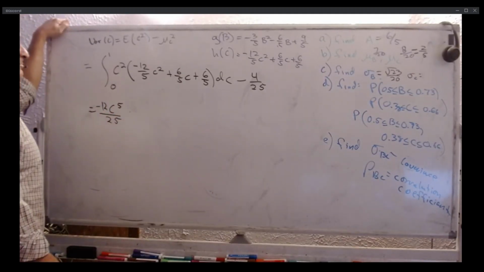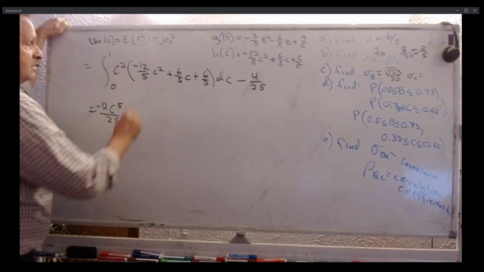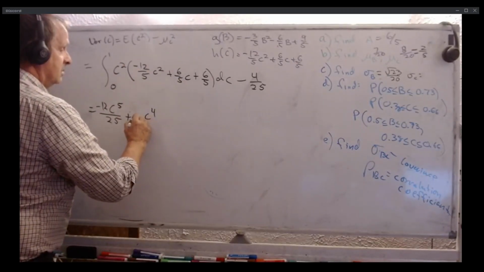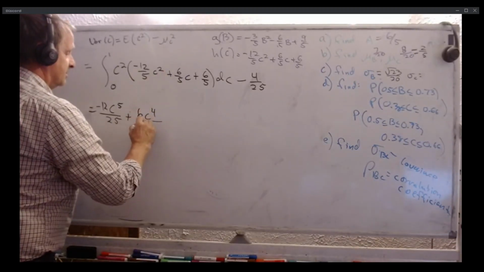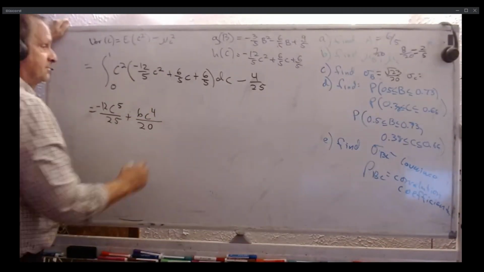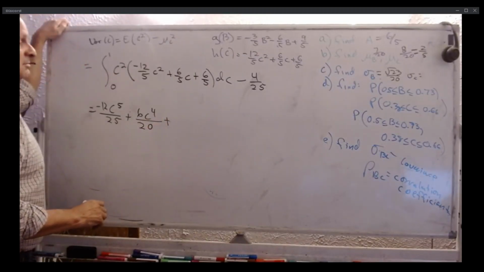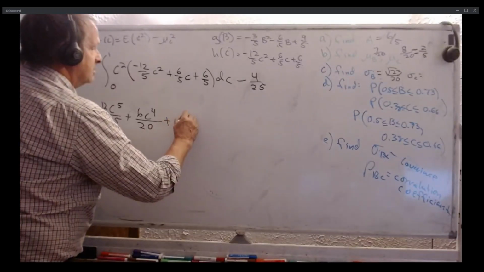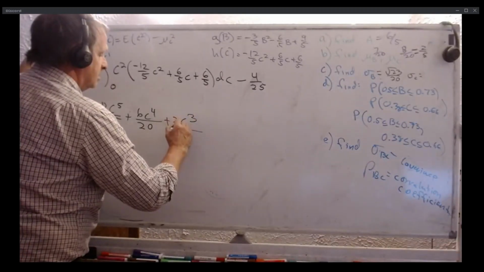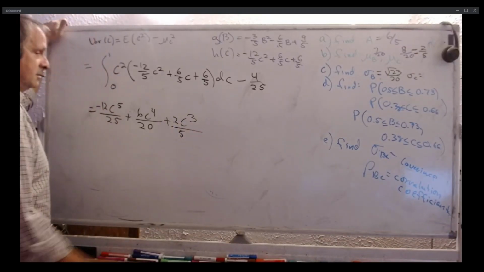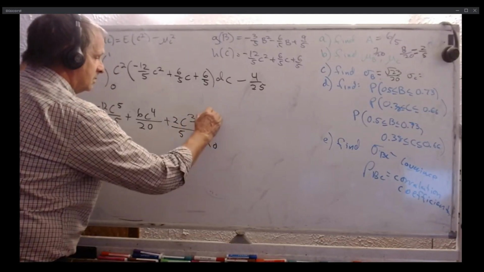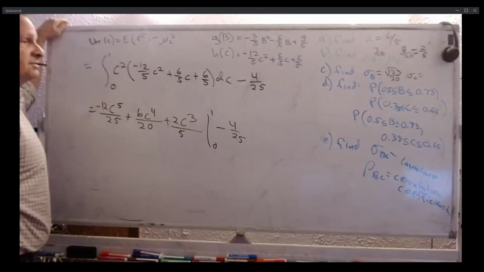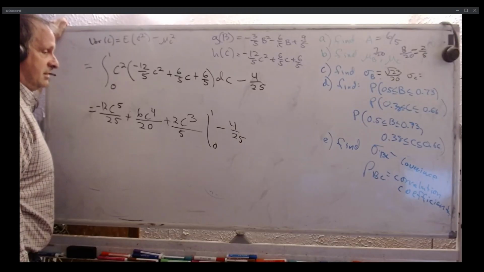Unless I screwed something up. And then c cubed becomes c to the 4th over, times 6 out of 20, right? Let me know if I screw something up. C cubed. Don't forget to subtract the mean squared, okay?